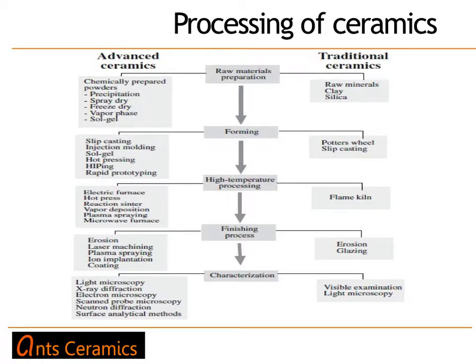Only in advanced ceramics, the powders are much more controlled in their purity levels, and are made by chemical precipitation and then spray dried, freeze dried, or made by sol gel routes. Forming is carefully controlled, using slip casting, injection molding, hot pressing, hydraulic pressing or rapid prototyping.